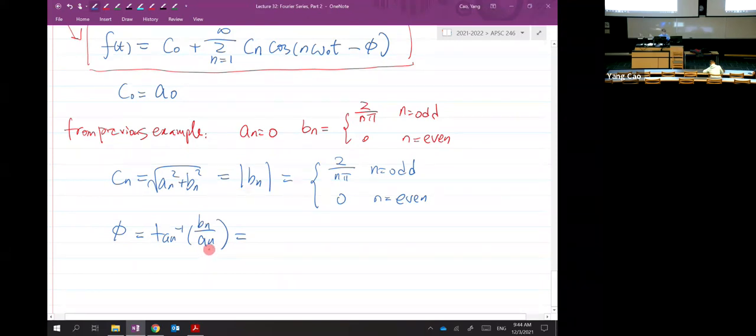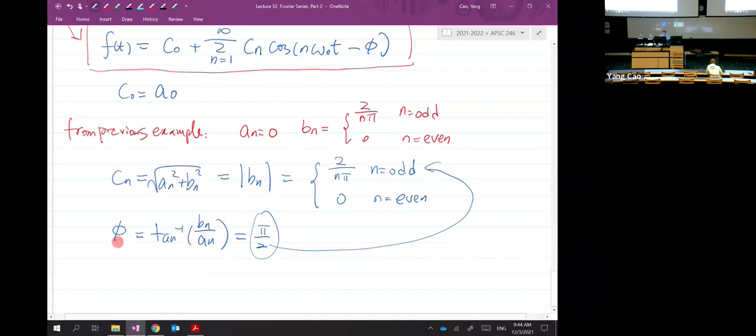Anything divided by 0 is infinite. So when you have tan theta equal to infinity, theta has to be 90 degrees, so pi over 2. This pi over 2 is associated with when n is odd here. And that's it. That's your amplitude and that's your phase.